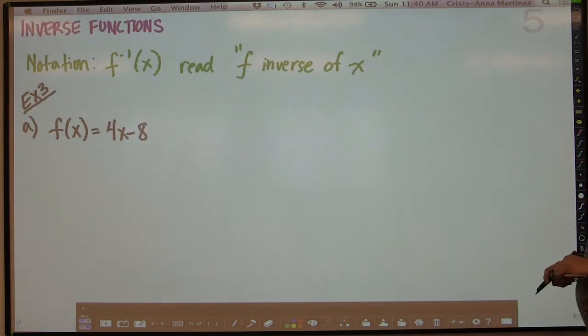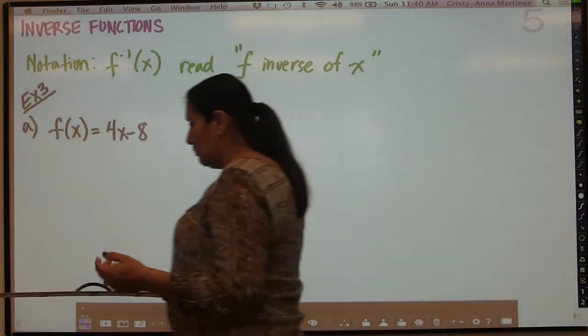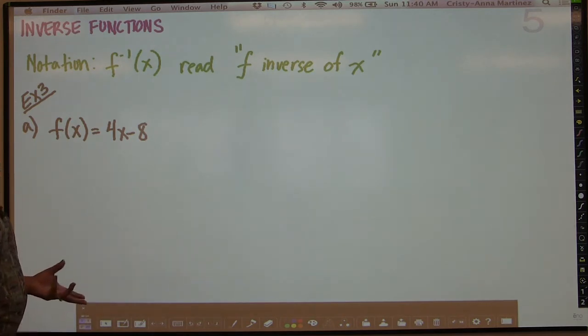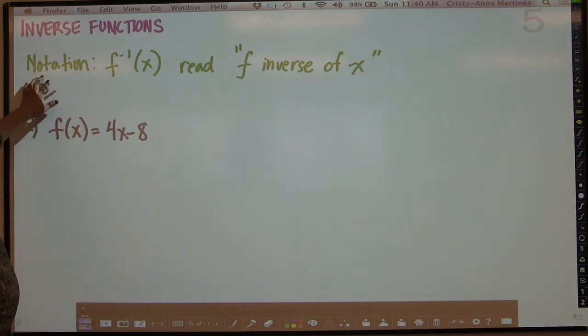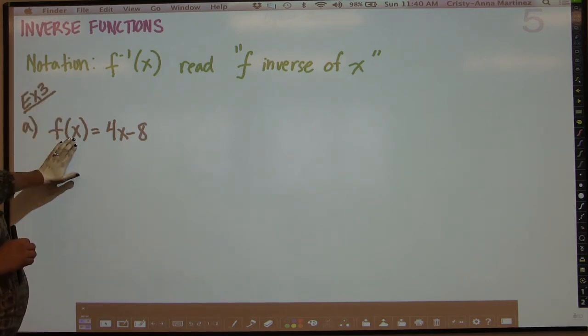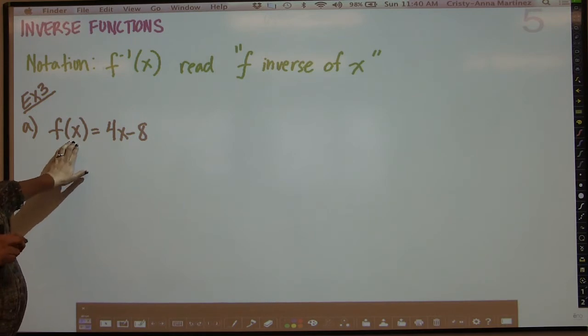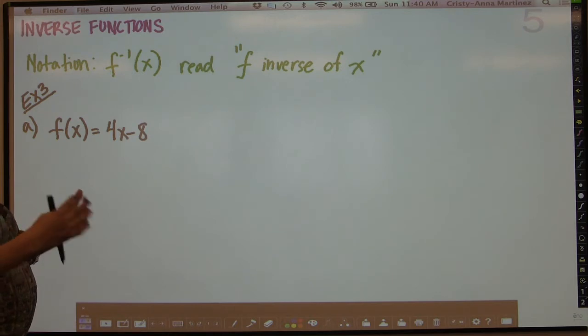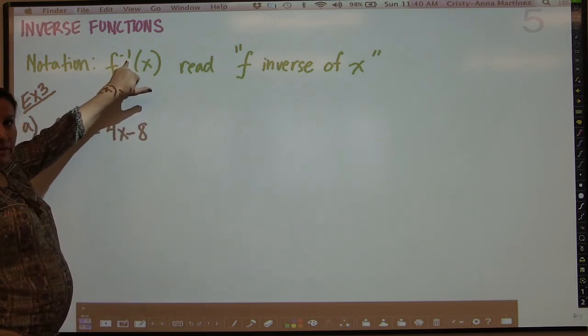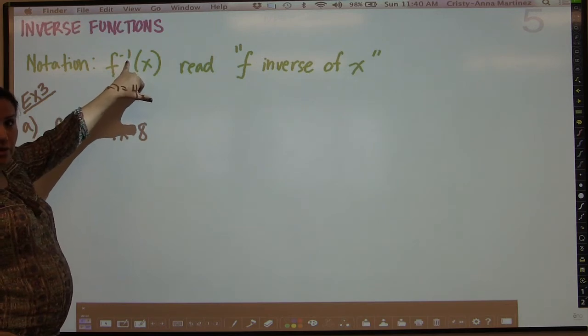Okay, so then we have our last example and topic here, and that is how do you find the inverse function? So first of all, you saw me do this a little while ago when I put y and y inverse. First I'll talk about notation. We already know that we have notation like this, f of x, and you read it f of x. It doesn't mean f times x, f parentheses x, it's f of x. So this notation is not f to the -1 power, it's not f minus 1, you're not subtracting 1 or anything.